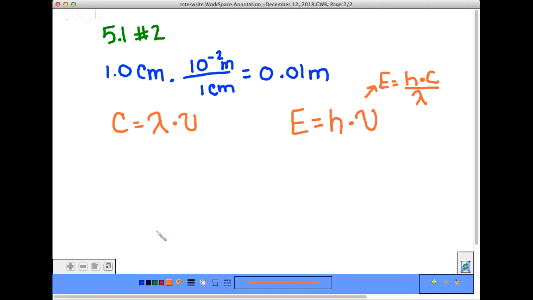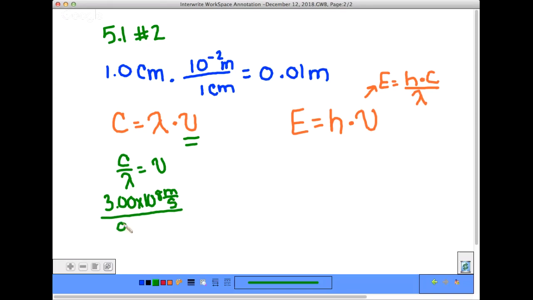Okay, let's first look at this problem. The first thing that we need to solve for is our frequency, so divide both sides by lambda. What we end up getting is the speed of light divided by our wavelength equals our frequency. Our speed of light is 3.00 times 10 to the 8th meters per second, divided by 0.01 meters. Units cancel out. Notice that my units end up being inverse seconds, which is the same as a hertz.